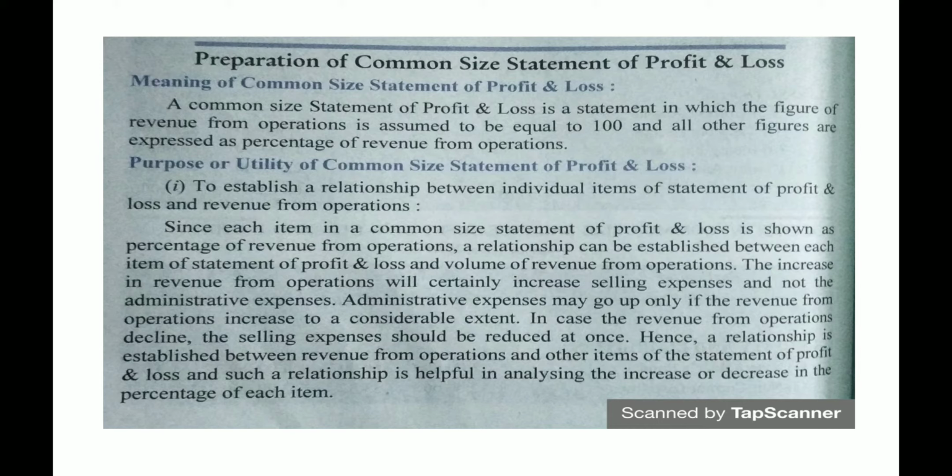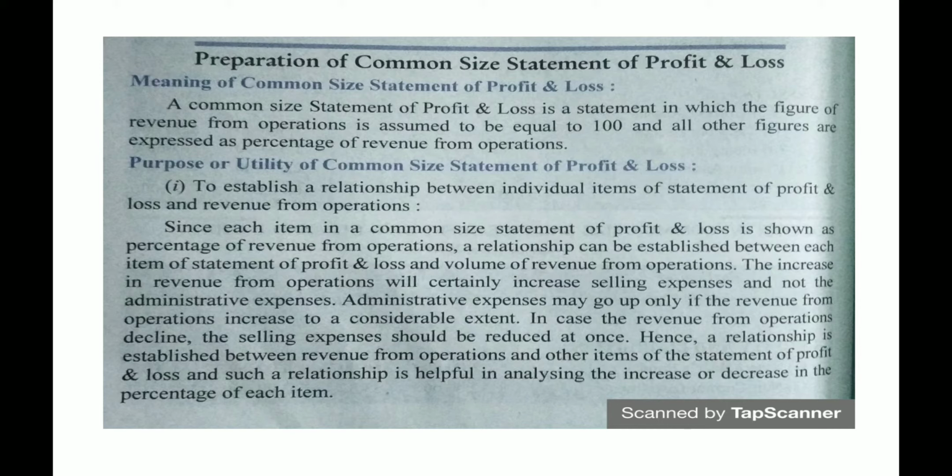So a common size income statement is one in which the ingredients of the income statement are compared with the revenue from operation. What are the ingredients of the income statement? As you know, revenue from operation, other incomes, cost of material consumed, etc.